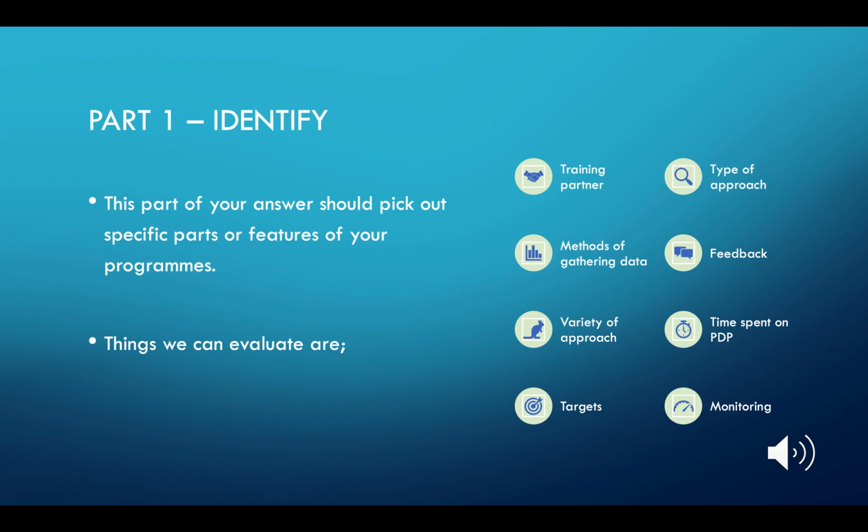Some things that we could talk about here were our training partner, methods we used to gather data, ways in which we got feedback, the different approaches that we used and whether or not they were successful, the amount of time that we spent on training programmes, so how long did the programme last, how long was each session, the variety that we had within our programme, did we have enough variety, did we get bored, the goals that we set, our long-term and our short-term goals, did we meet them, and also how we can monitor and check for improvements in our performance. These are all things that we can pick out specific aspects of our training programme that we can then give judgments on.